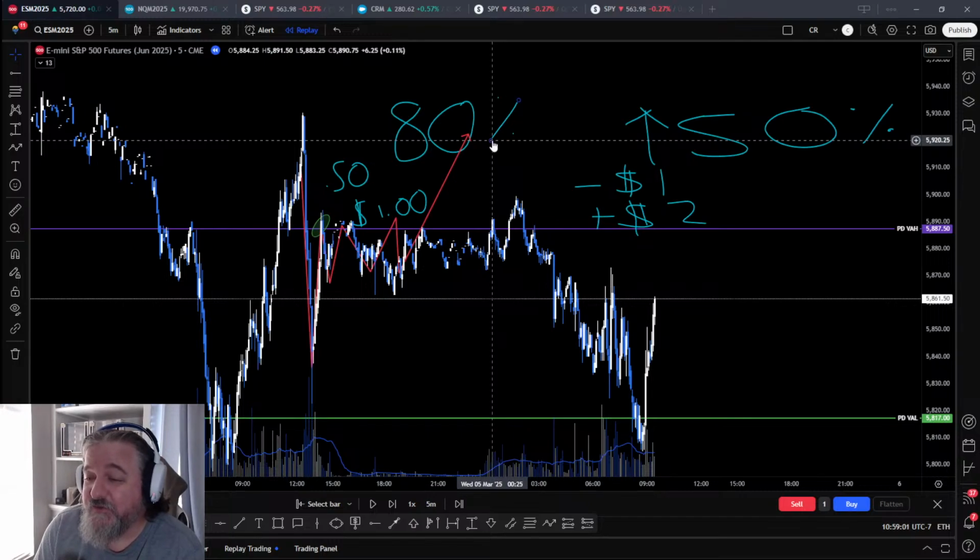What did I do wrong in the trade, or what could I have done better? I was scared they weren't going to quite come to my entry level, so I entered a couple points early. And if I was patient, they actually would have given me the entry that I was really looking for. So you want to really reflect on what the factual part is: this is the trade I took, this entry, this stop loss, this take profit.